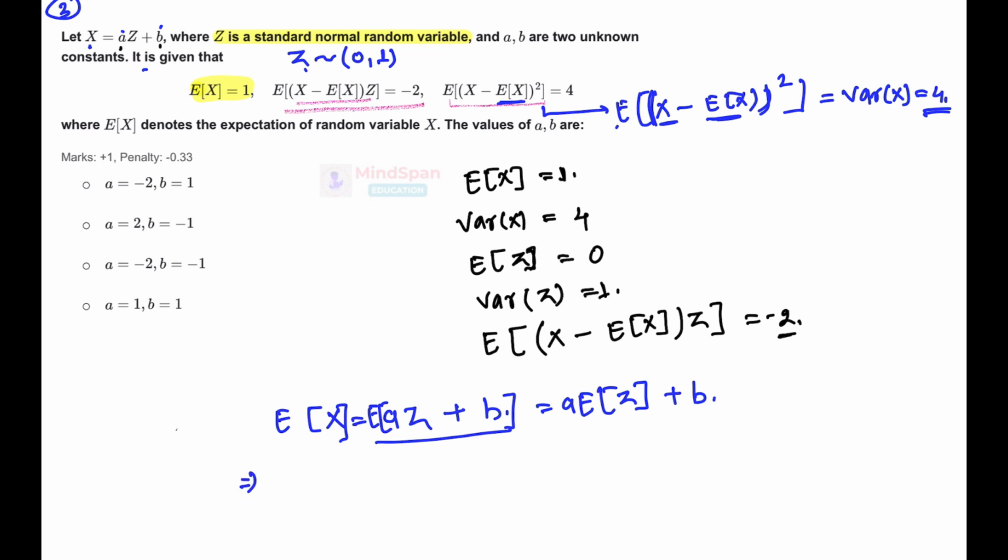We know the expectation of X is 1, which equals a times the expectation of Z, which is 0, plus b. So from here we can say that b will be 1. Right? Now let's try to find what a will be.